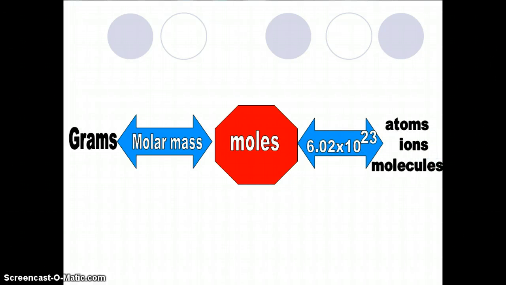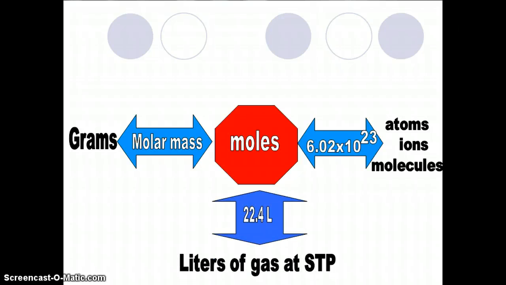We can also convert from moles to number of particles, and that's using the 6.02 times 10 to the 23rd. And that's atoms or ions or molecules, any particle number. That's how many of those particles are in a mole. And then we can also convert liters of gas at standard temperature and pressure, and that is 22.4 liters, which we can convert from moles.